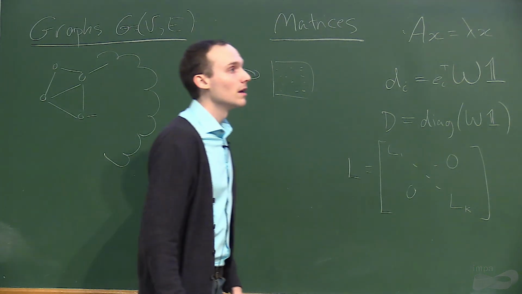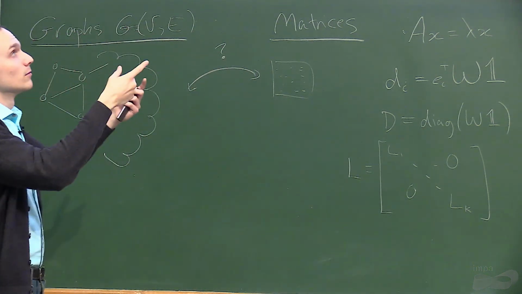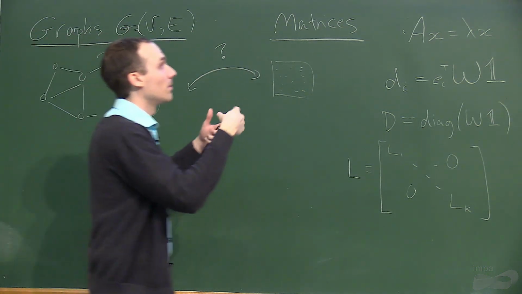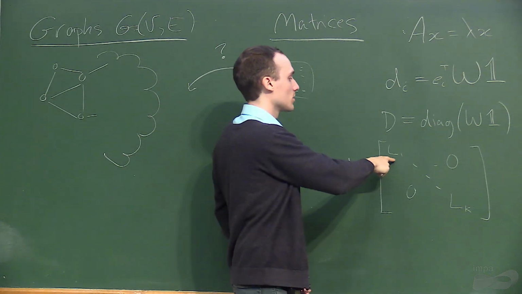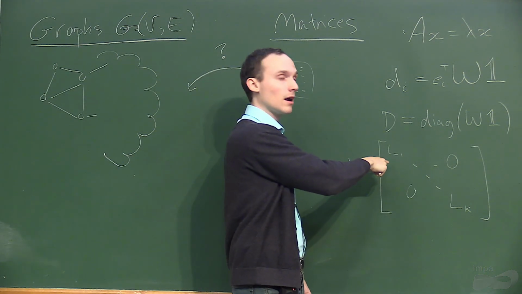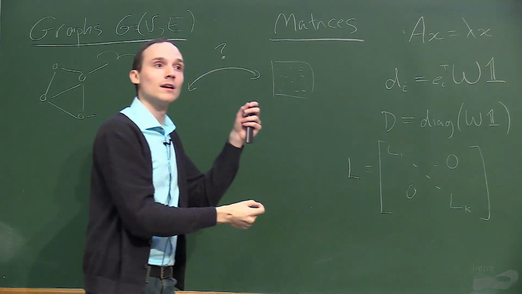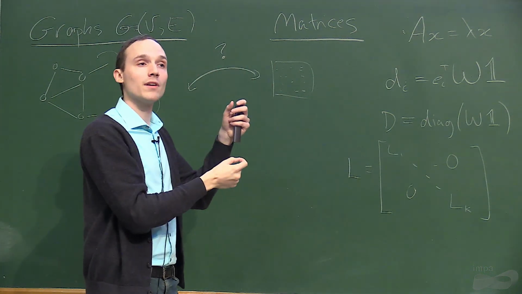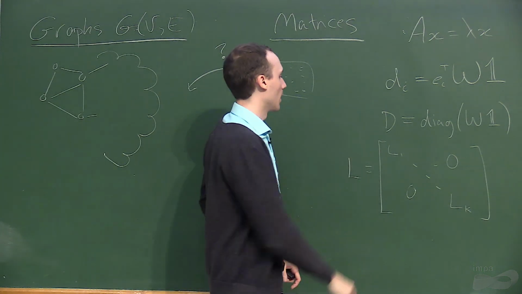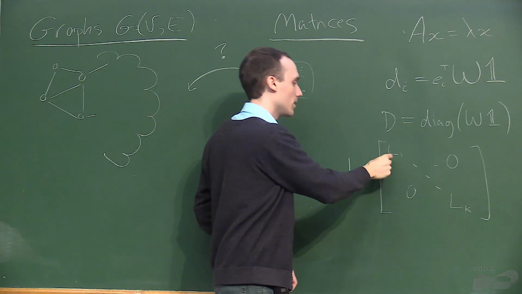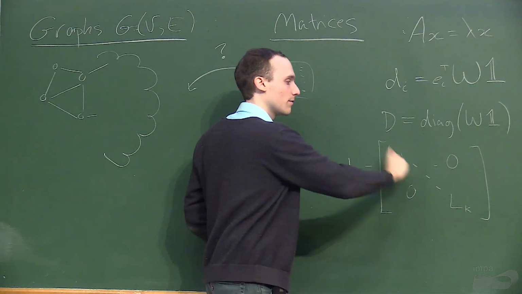So the vector all ones remains an eigenvector and denotes, in this example, still the first connected component. But we have to zero out now all the entries of that vector for nodes not in this component. So we have constant on this component, 0 on all the rest, and the same idea for all these other blocks.